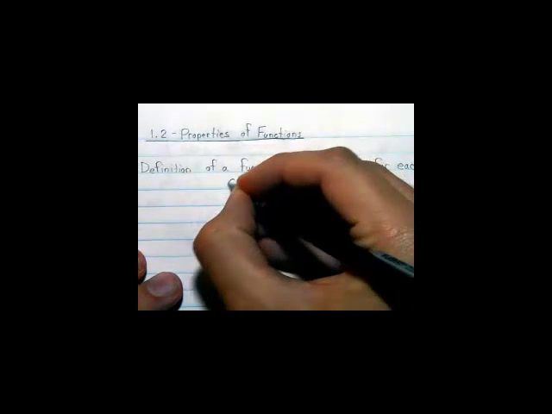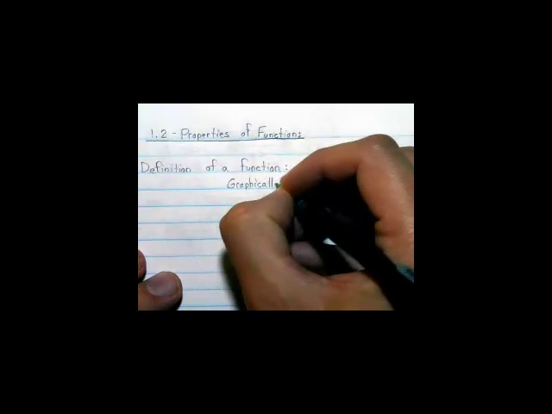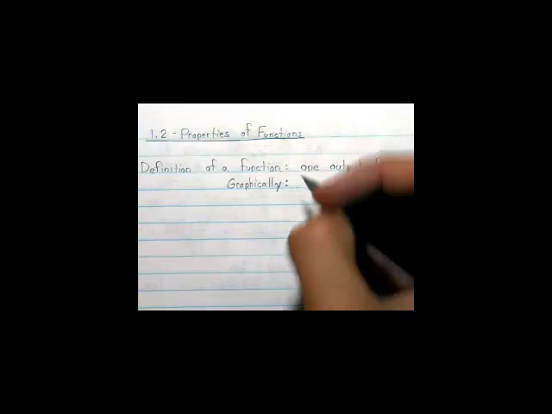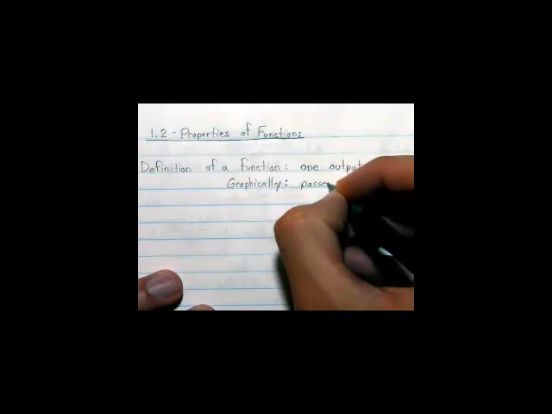Okay, so now graphically, how did you check for functions on a graph? Vertical line test, exactly. It must pass the vertical line test.